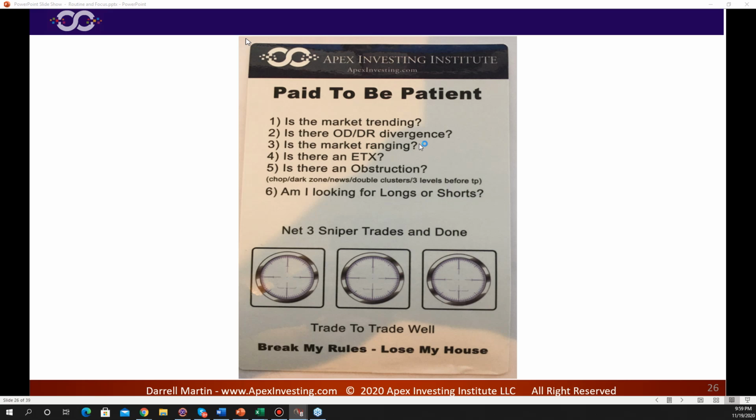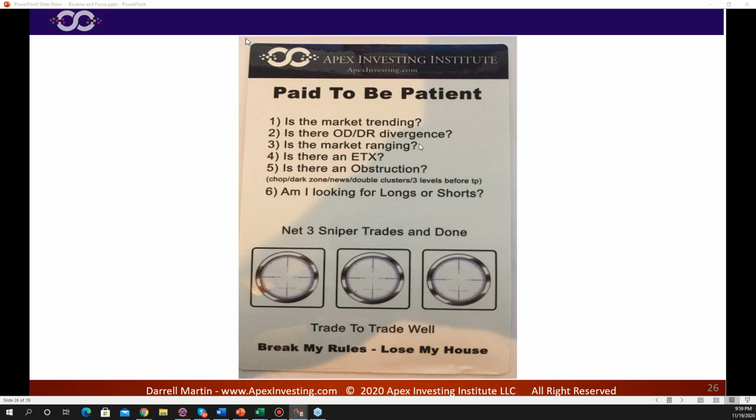You see where I'm going with this, guys? Okay, hey, is there an ETX trade or a third bar swing trade or whatever? What's the next one? Is there an obstruction right now? Double clusters, levels.